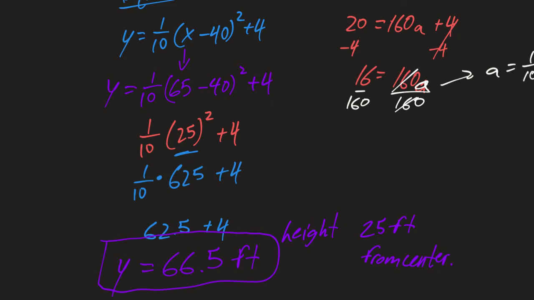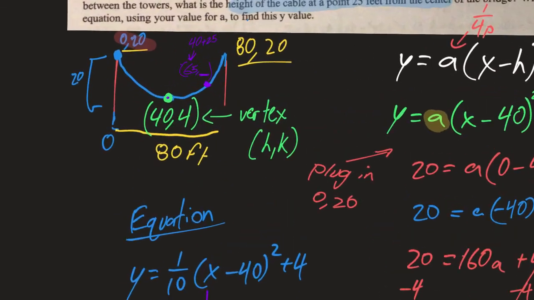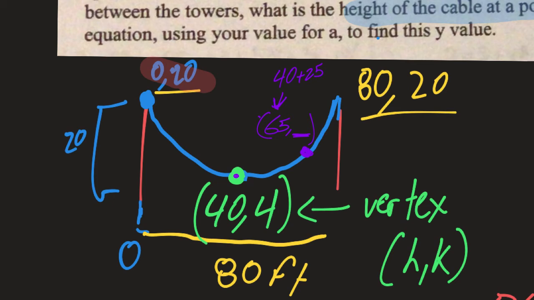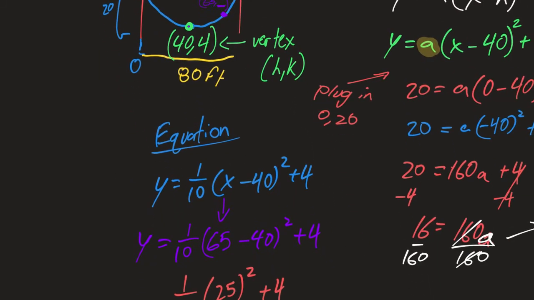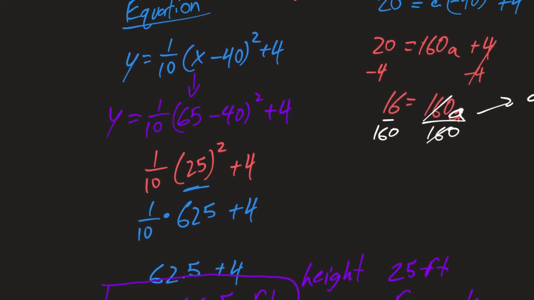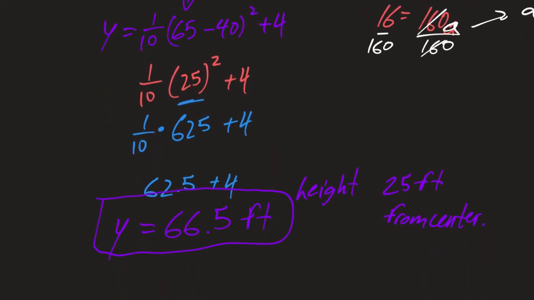Always, always, always, guys, take a second to draw this picture. It really does help. It will help you figure out exactly where your center is, figure out how tall things are, and all of that information really comes together with that graphic. Once you've got the equation, we can just plug in our value that we need and get our final solution.